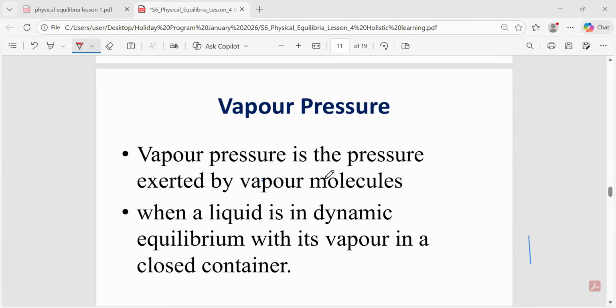Is everyone hearing me? Yes, the network is just disturbing, but I believe you're very clear. Move on, please. Vapor pressure is the pressure exerted by vapor molecules when a liquid is in dynamic equilibrium with its vapor in a closed container.